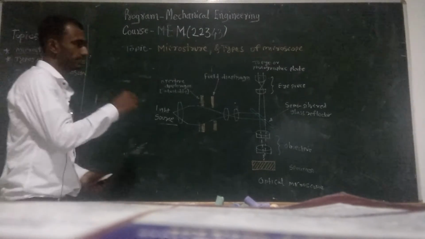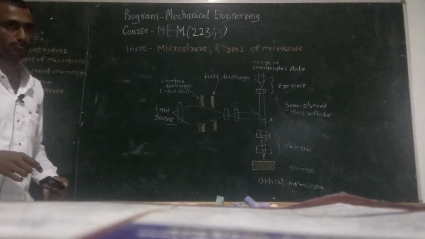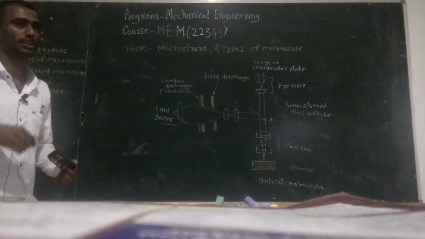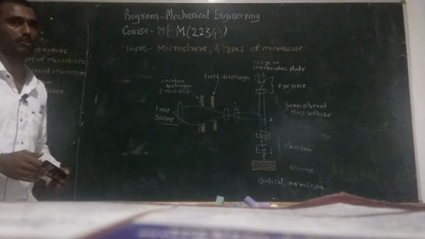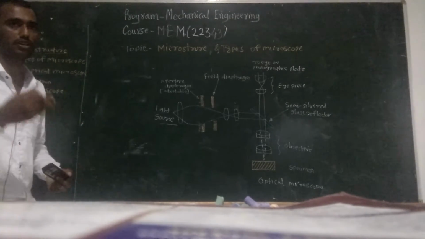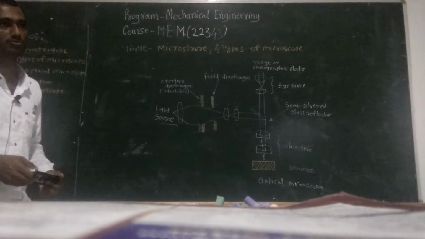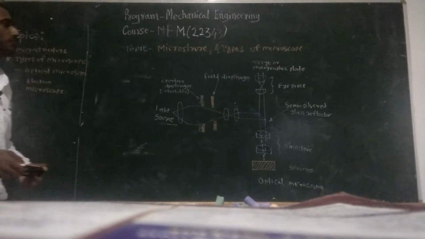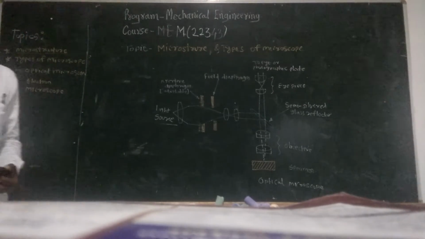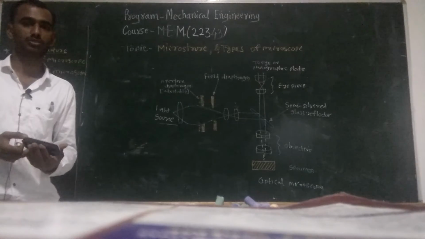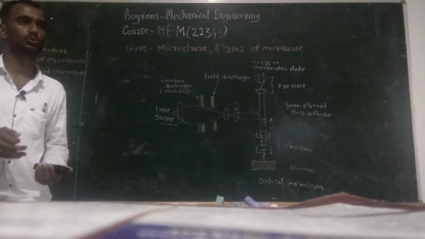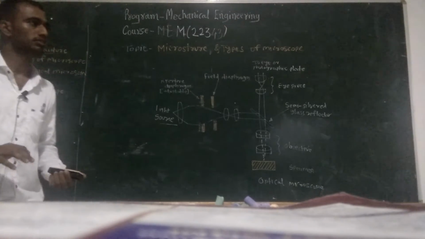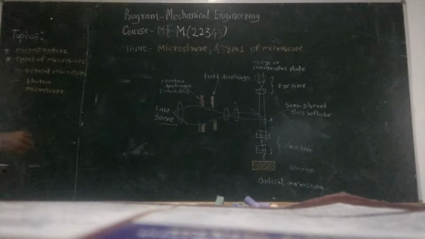Generally, it is called a microscope. Okay, means we inspect the microstructure of metal or alloy under a microscope. Now, there are two types of microscope that are generally used to study the microstructure. Okay, these two types are, first one is optical microscope and second one is electron microscope.